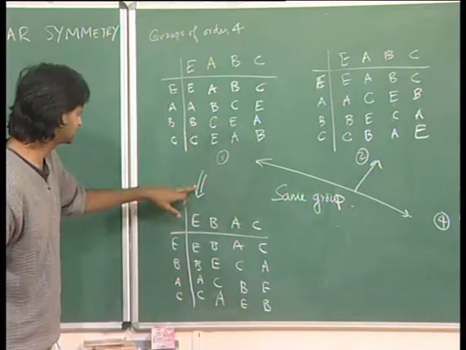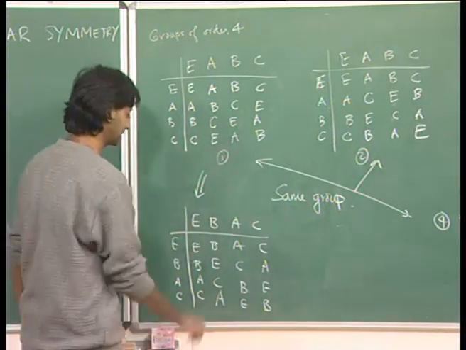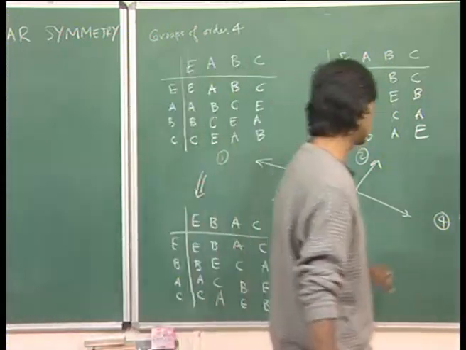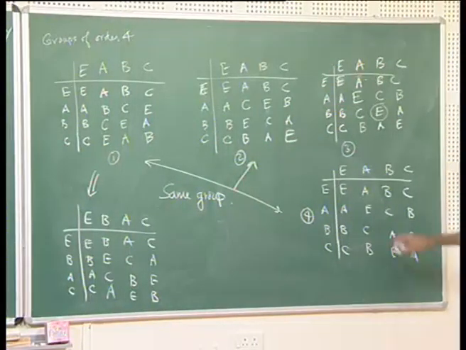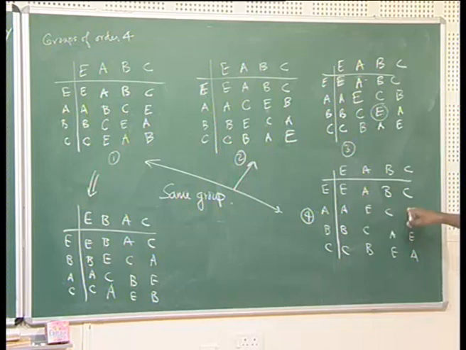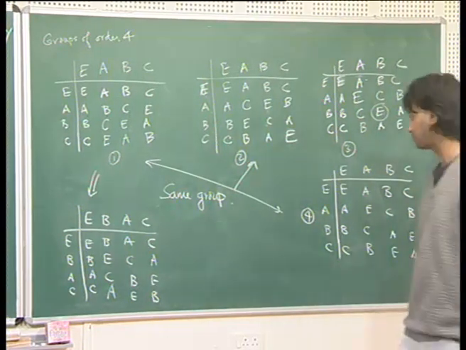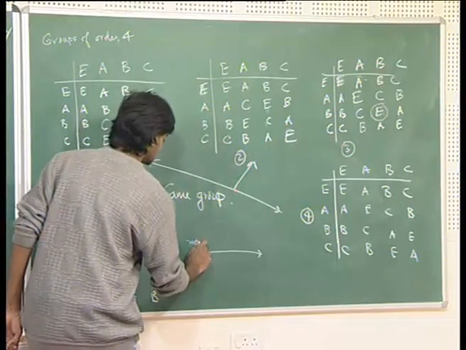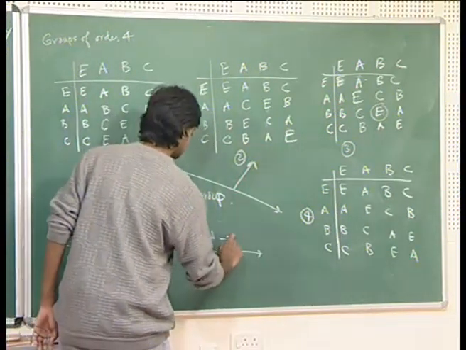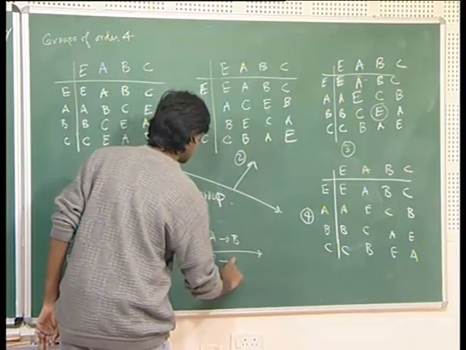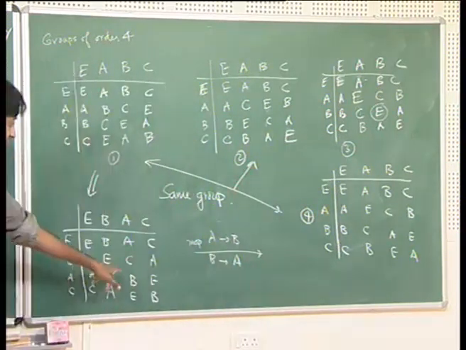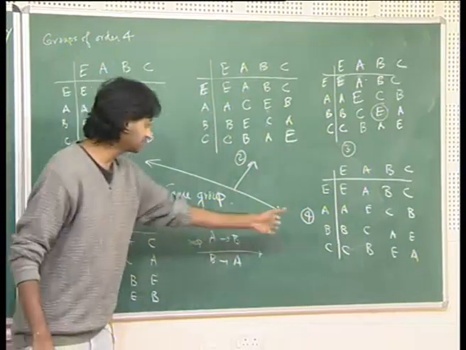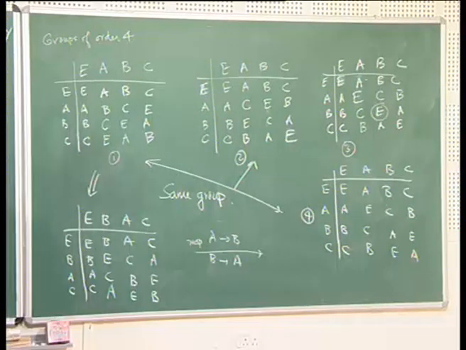So all I did was I just switched the two rows B and A, and notice that this looks exactly like this. E, A, instead of A I have B. It looks exactly the same. So now I can do a map, A to B and B to A. If I switch A and B, then this map will show that it is an isomorphism.